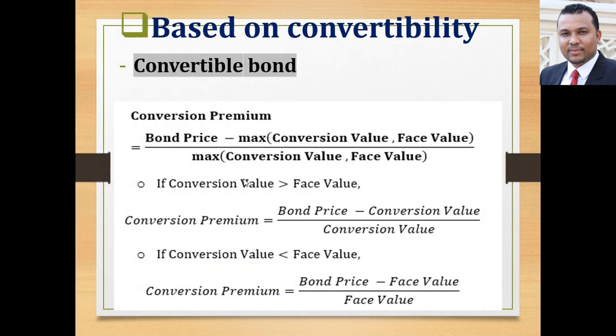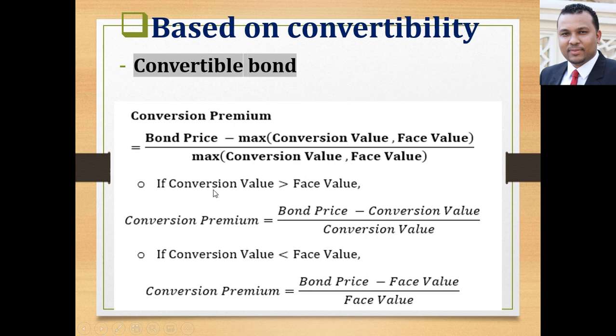For a convertible bond, we need to calculate the conversion premium. At the beginning, we compare the conversion value and face value. Conversion premium equals the change in the bond price divided by the maximum of conversion value or face value.